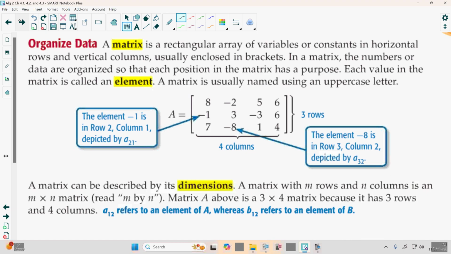So if we said A31, it'd be the element in the third row, first column. So for this here, that would be 7. Or if we said A22, second row, second column, in this case would be 3. So dimensions is our rows by columns. If we have a lowercase, we're talking about the element, the individual number inside the matrix.